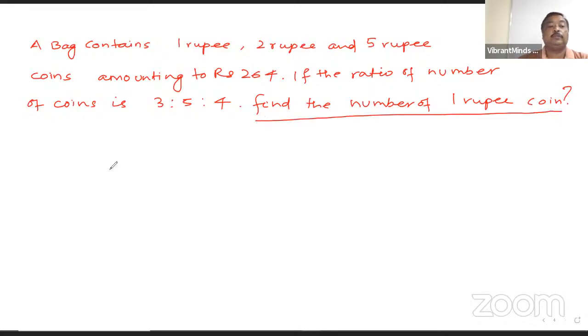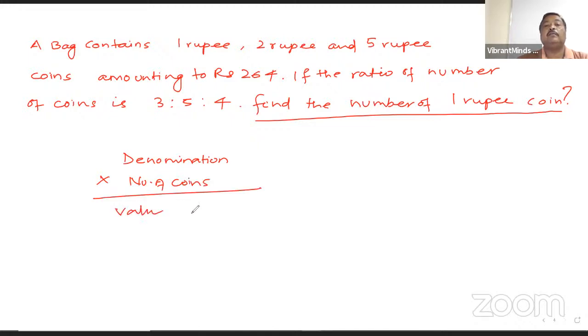This is your question. Now understand, we always have denomination multiplied by number of coins, giving me value. So denomination is 1 rupee, 2 rupees, 5 rupees. And number is 3x, 5x, 4x.